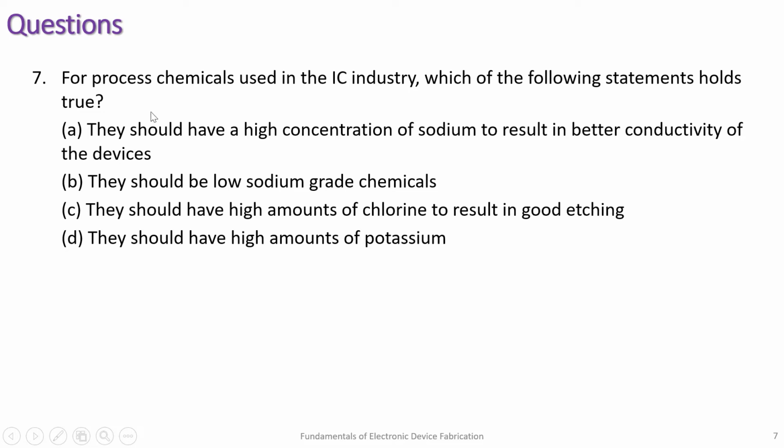So which of the following statements is true for those chemicals? What kind of chemicals should be used? Yeah, they should be low sodium grade chemicals. So can you try giving the reason for why they should be low sodium grade chemicals?